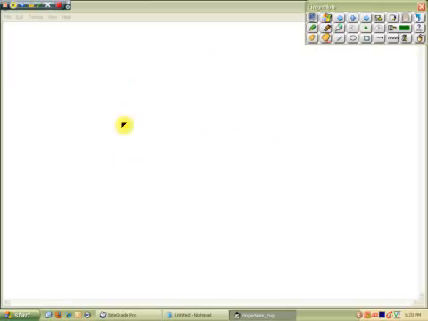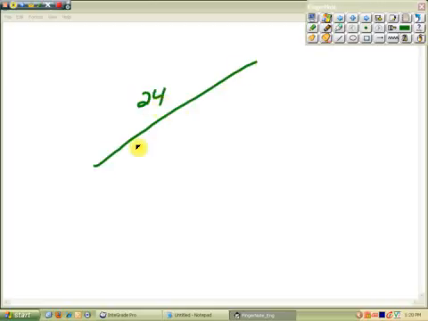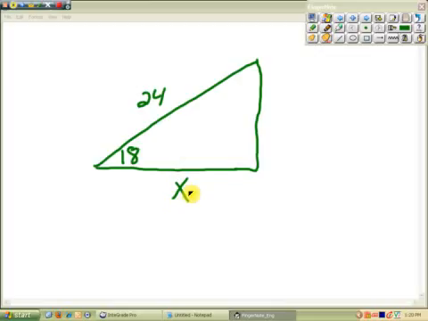48, you have to draw the picture. We have a ladder that's a 24-foot ladder. It makes an 18-degree angle with the wall, or the side of the building, whatever it is. How far is the base of the ladder from the base of the building? So they want x. We use our trig functions.